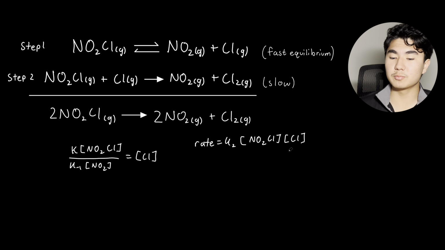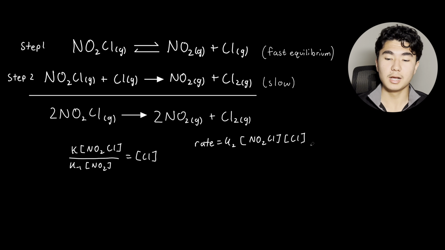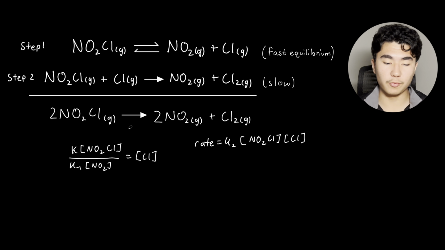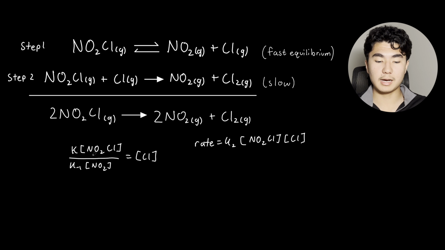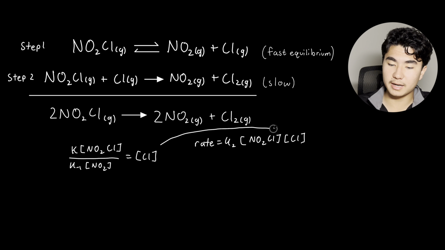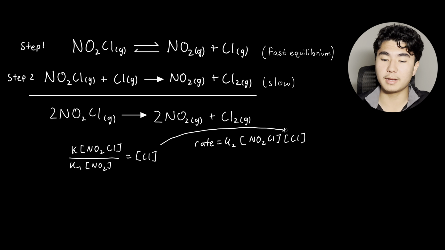We still have that Cl, but we know that the concentration of chlorine equals k1 [NO2Cl] over the reverse rate constant times [NO2]. So all we have to do is substitute our chlorine into that slow step rate law that we have over here.